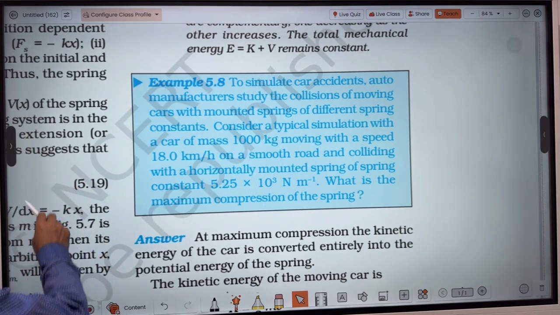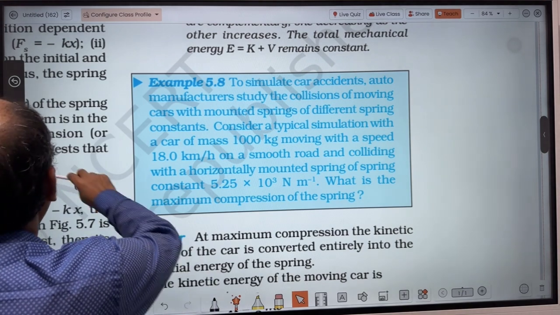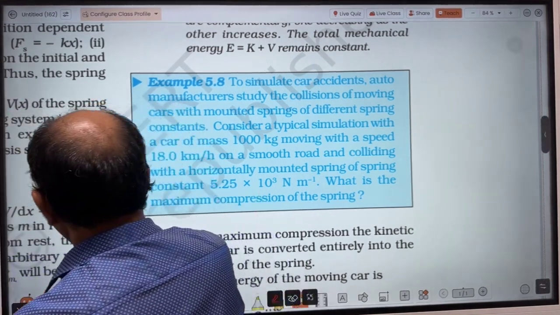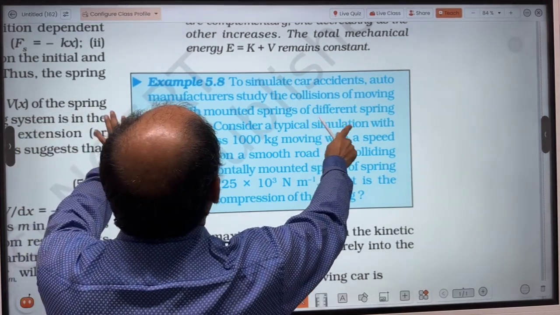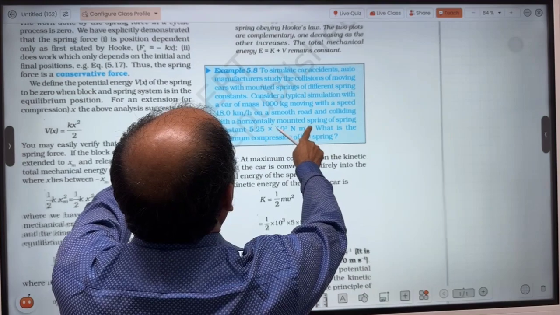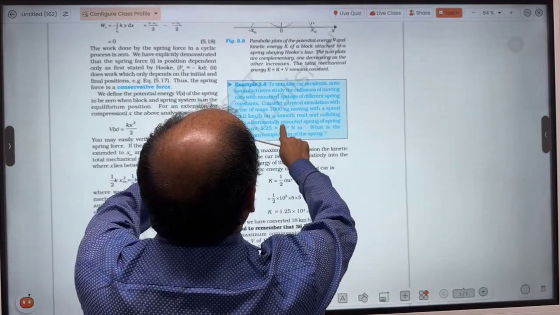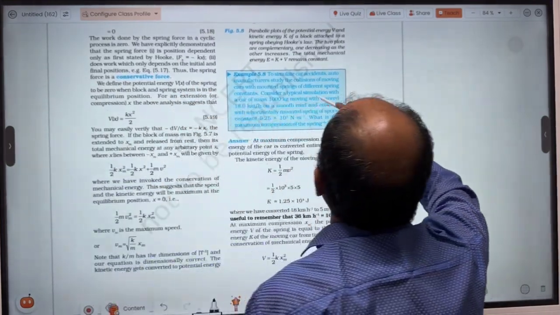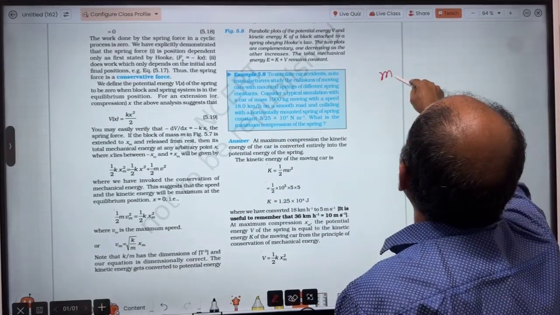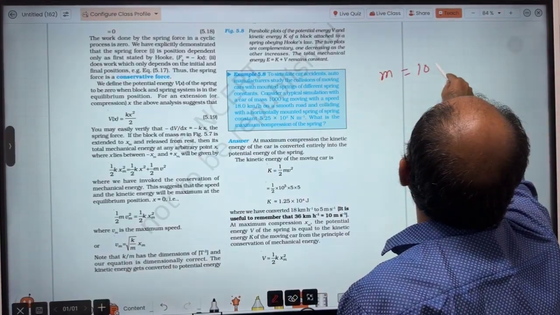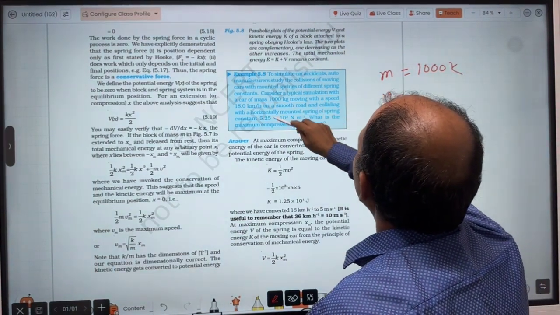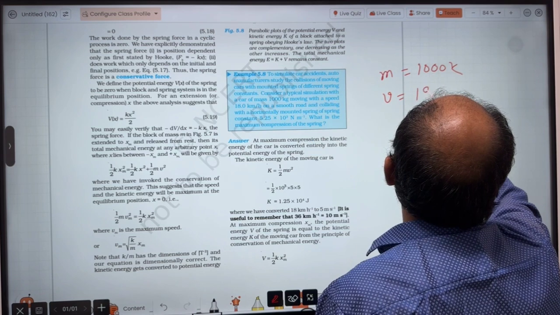So here we can note the information given and then calculate. The mass is given as m equals 1000 kg and the velocity is given as 18 kilometer per hour.